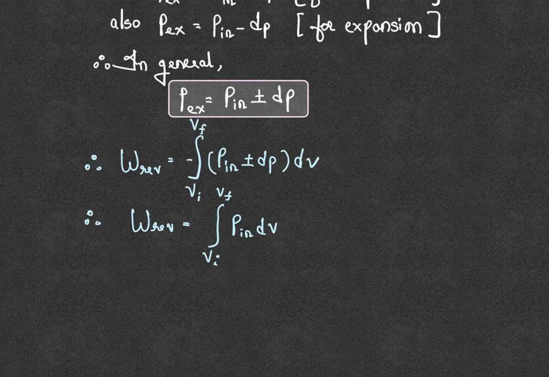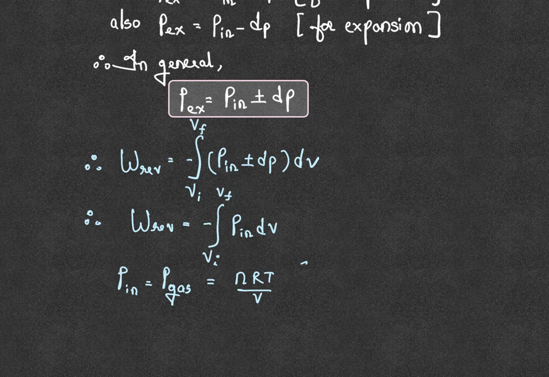Now pay attention. Here we know that P internal is equal to the pressure of the gas, and the pressure of the gas is equal to nRT by V. Why?